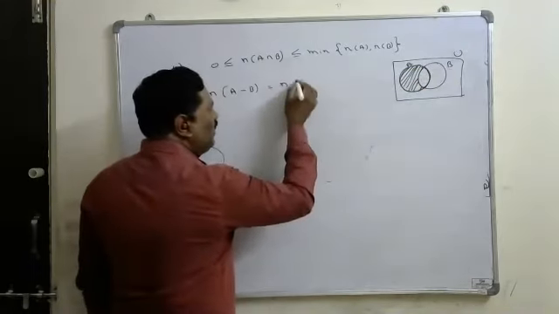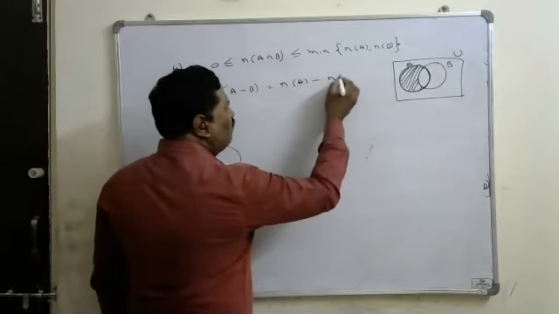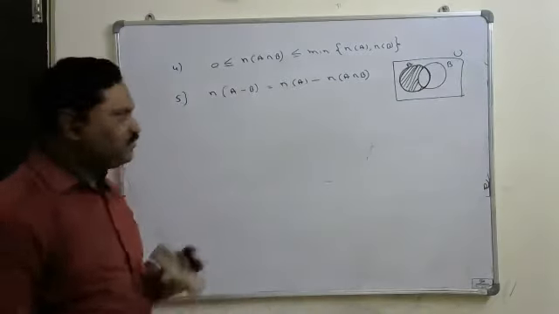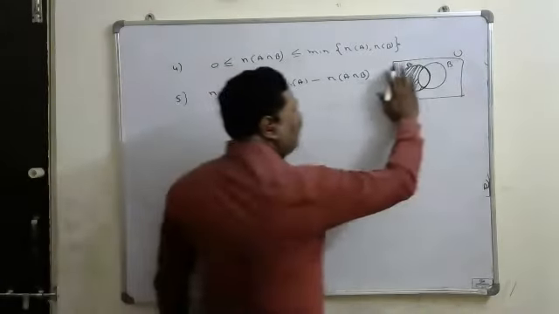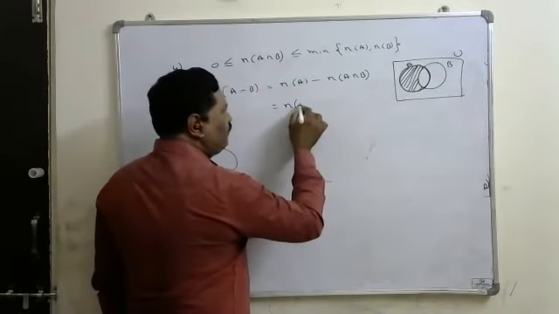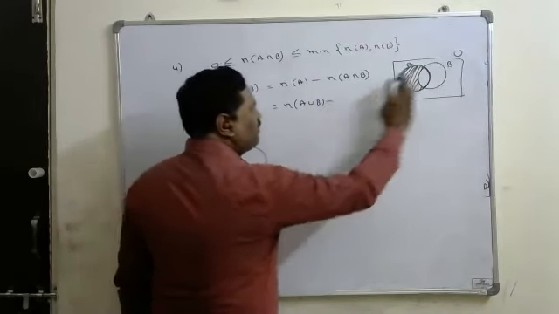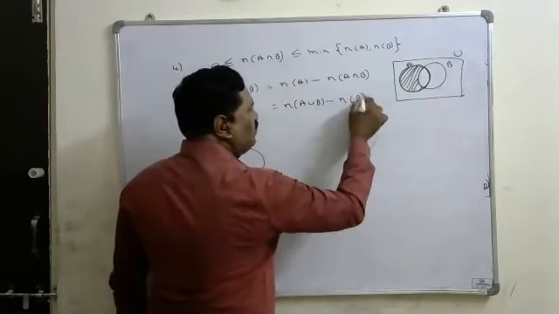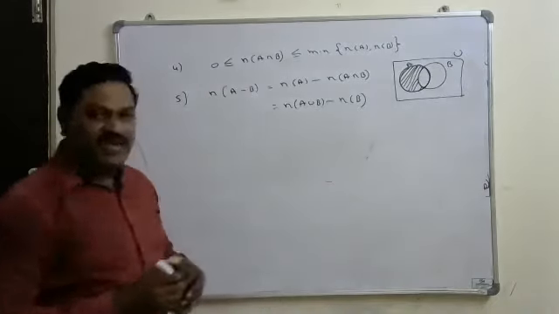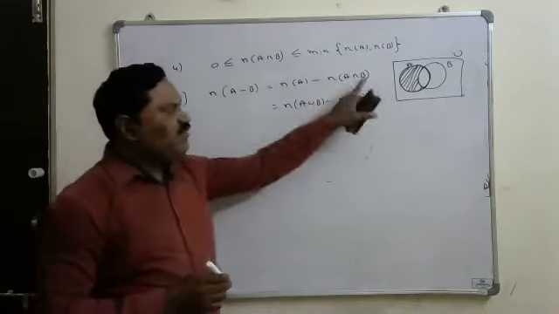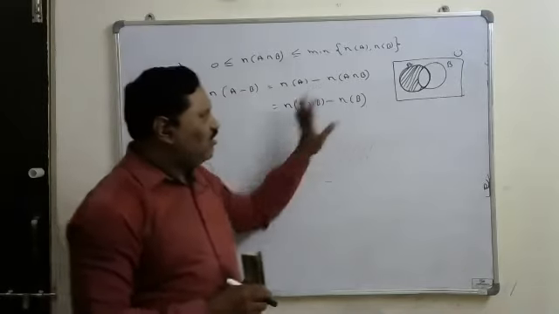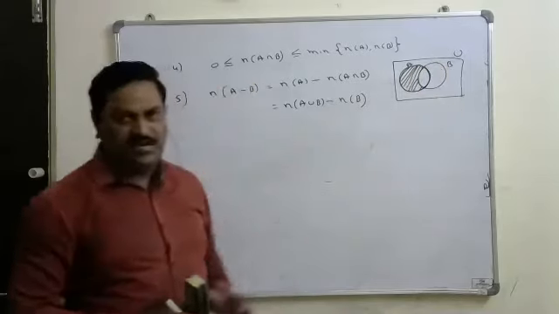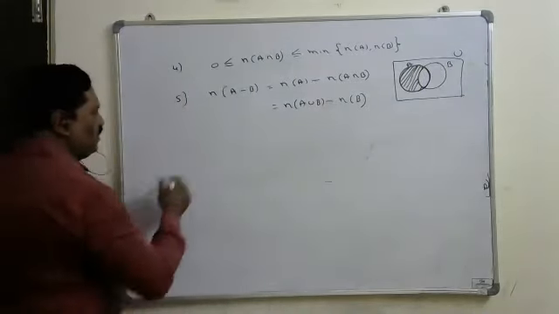So you can write n of A minus n of A intersection B. Or, from the entire part, that is n of A union B, we subtract the B set. If we separate the B set, we get the remaining elements, that is n of B. So the formula for n of A minus B is either n of A minus n of A intersection B, or n of A union B minus n of B. That is the formula we have to remember.